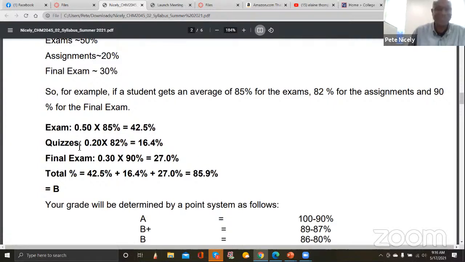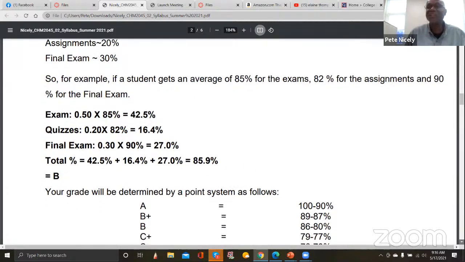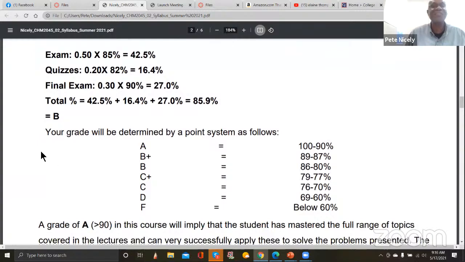As far as your assignments, that is worth 20%, so I'll multiply the 82% by 0.2, and that gives you 16.4 out of 20. And the final exam, which is worth 30%, so I'll multiply the 90 by 0.3, and that gives you 27.0 out of 30. And then you add up these three, and that gives you the total, which according to the letter grade system established by the college, would be equivalent to a B grade.